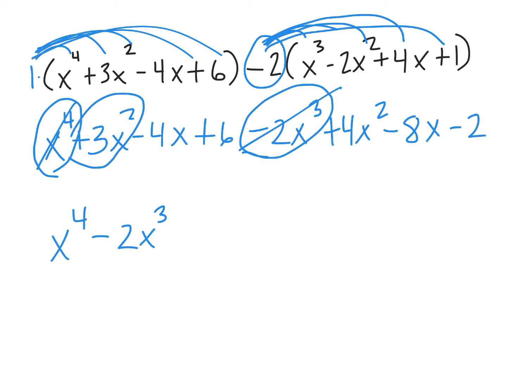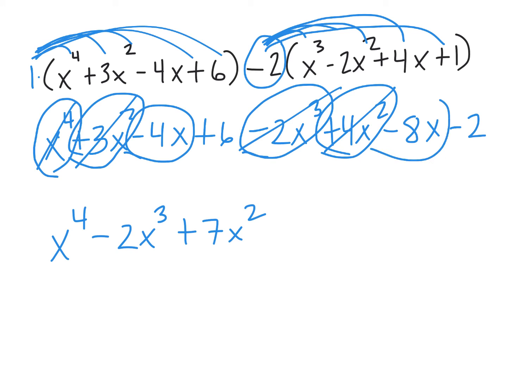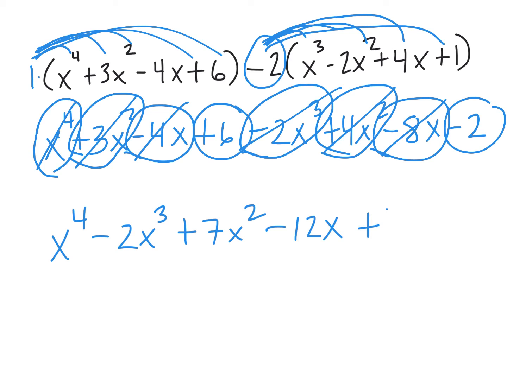There's a positive 3x squared and a positive 4x squared. 3x squared and positive 4x squared gives you positive 7x squared. And then we have the x's. Negative 4x, negative 8x, negative 4 minus 8 is negative 12x. And then lastly, we have the ones without the variable, the 6 and the minus 2 gives you positive 4.